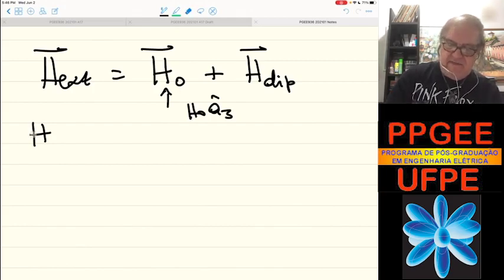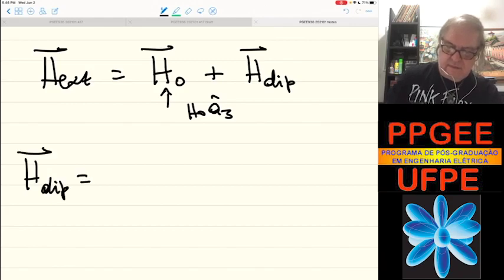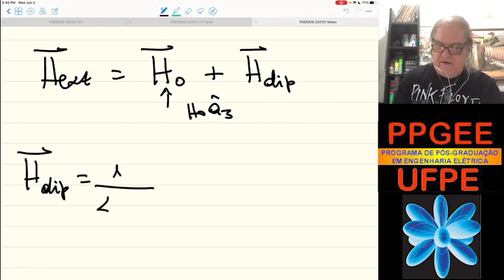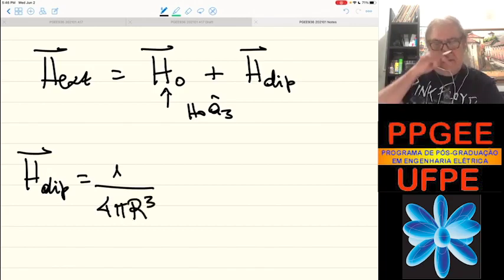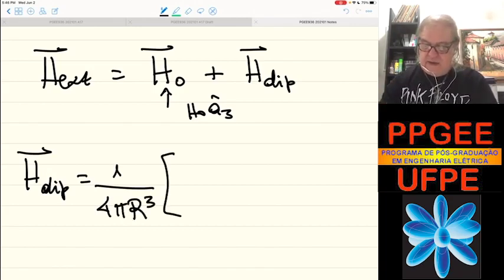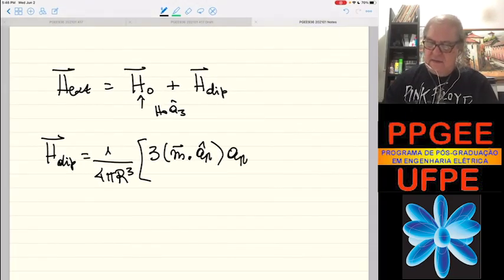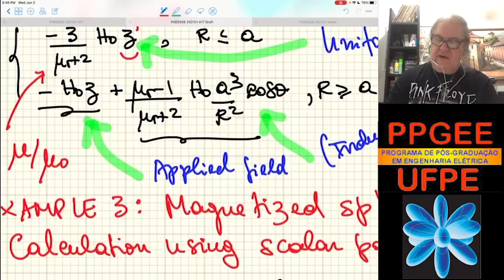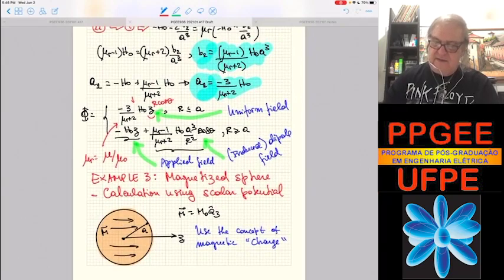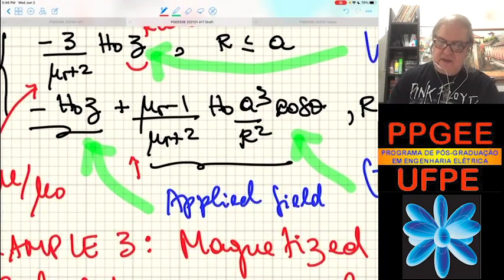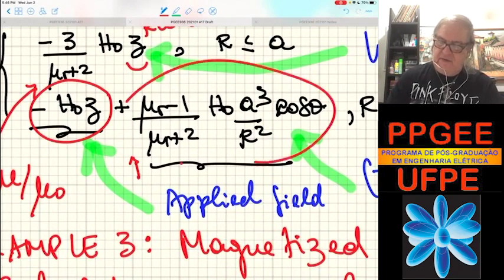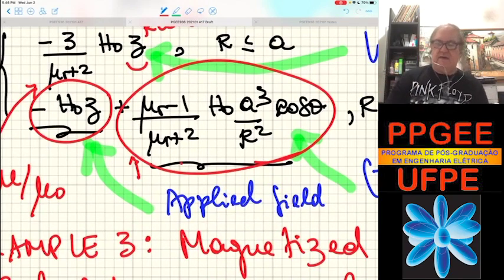The dipole field is given by one divided by 4 pi r cubed times that canonical expression, 3M dot a_r minus M. If you calculate the gradient of this function, it's going to give a uniform field plus a dipole field, which has that classical behavior, right?